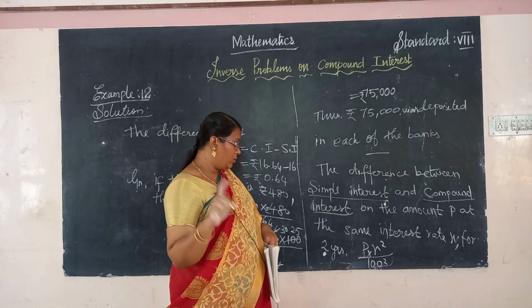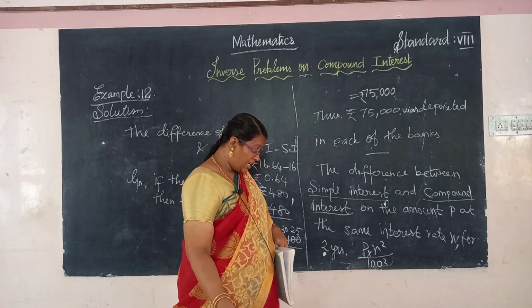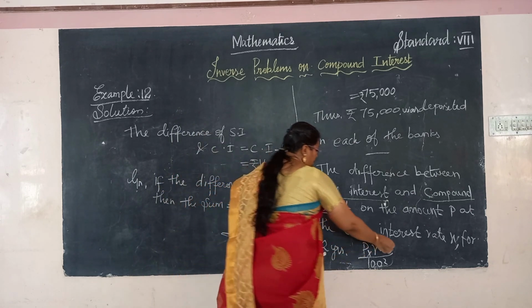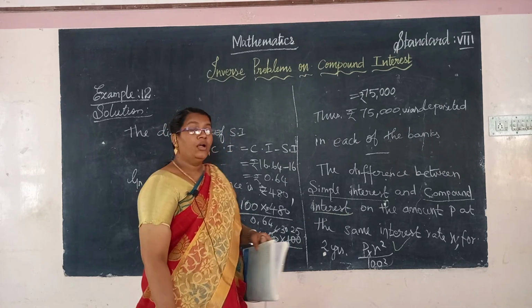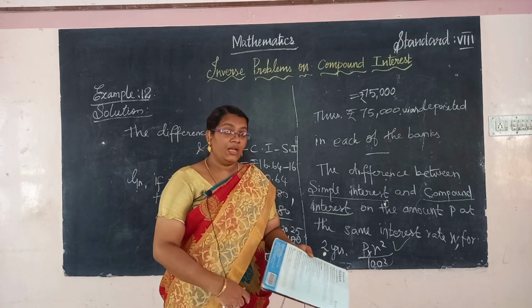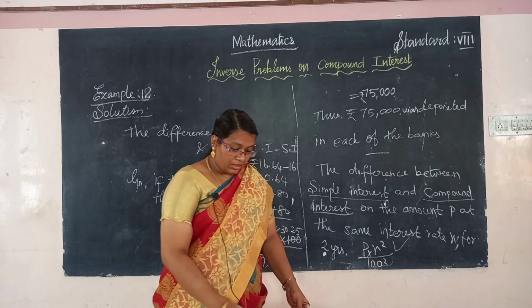The principal amount is the same, the rate of interest is the same, and the number of years is the same. Then we use this formula: P R squared by 100 squared.